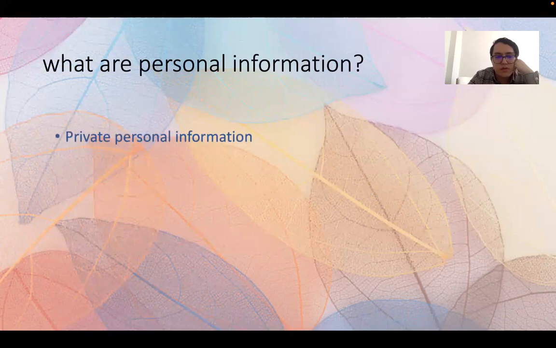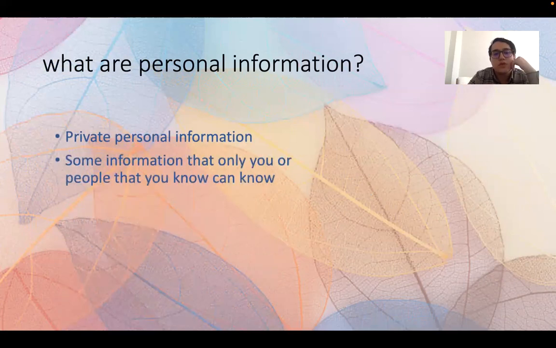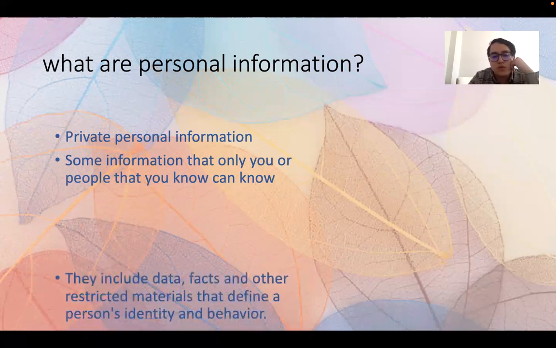Private personal information. So what is personal information exactly? The explanation of it would be private and personal information, some information that only you or people that you know can know.